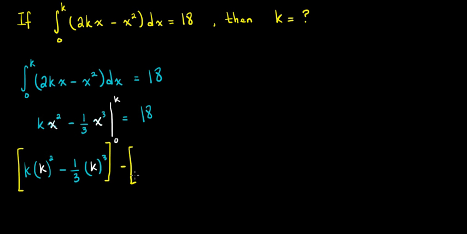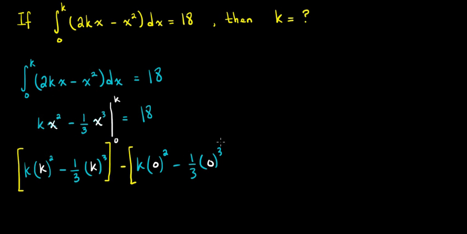Next comes my f of a, and I have to subtract the two. So now I'm going to plug in 0. If I plug in 0, I will have k times x squared, but remember, x is getting replaced by my lower limit now, 0. And then we're going to have minus 1/3 x cubed, but again, remember, x cubed gets replaced with my lower limit, so it'll be 0 cubed.